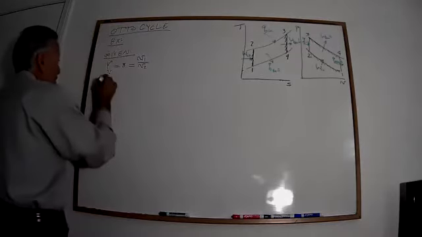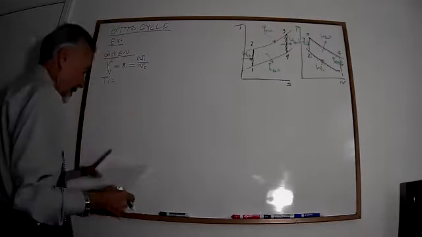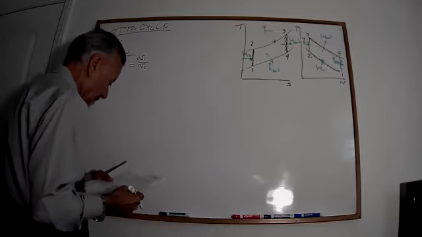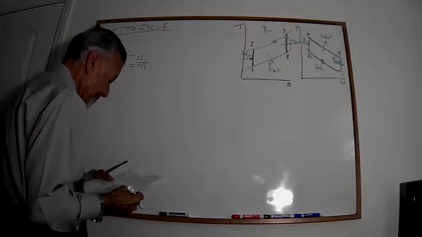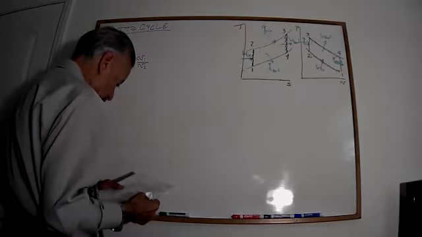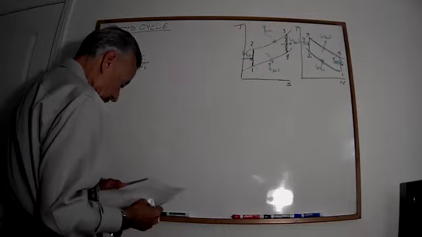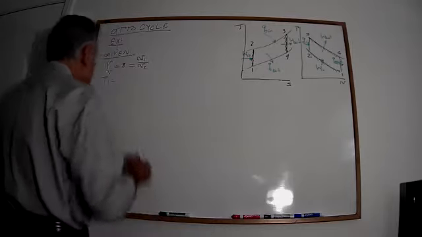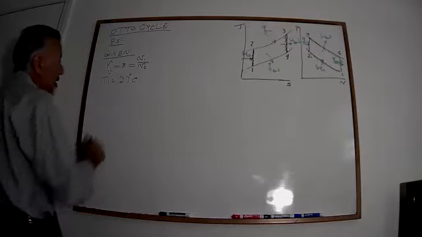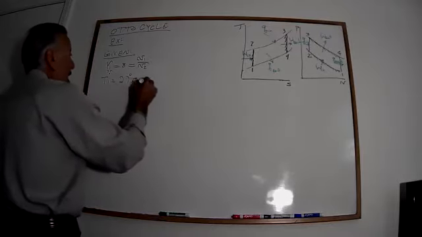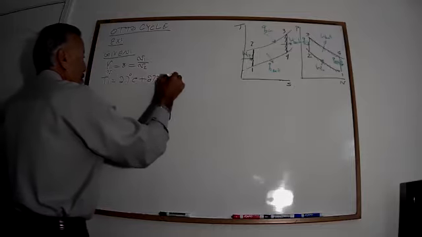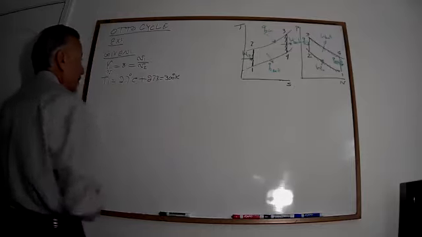So that means T1 is equal to 27 degrees Celsius. I automatically add 273 to make it 300 degrees Kelvin.